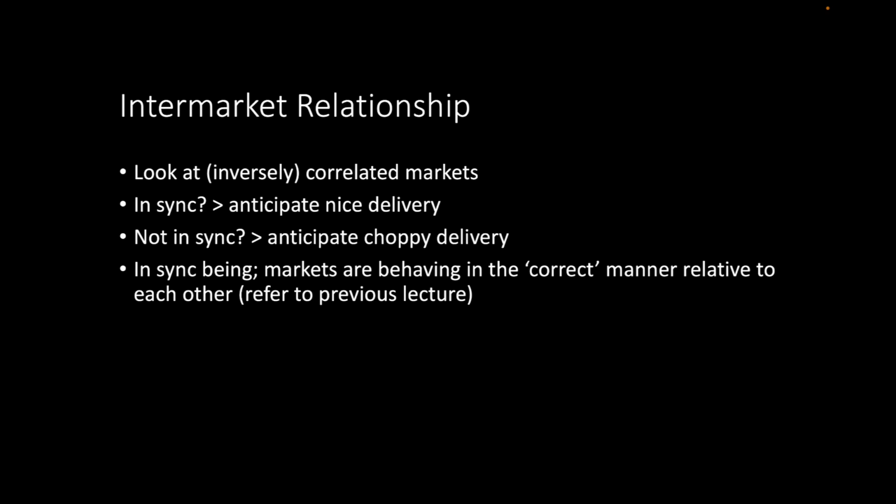However, when one of those markets creates a higher high and the other one creates a lower high at the same time, there's SMT on both sides of the marketplace. And whenever there's SMT on both sides of the marketplace, we can anticipate very choppy delivery, because the intermarket relationship is not confirming one-sided order flow and therefore expansion. The only thing that it is confirming is very choppy delivery.